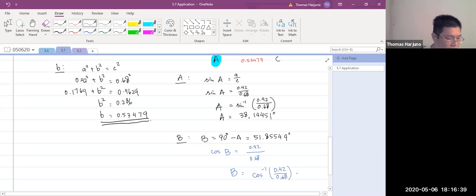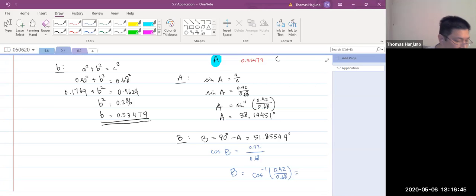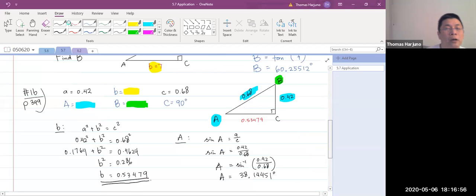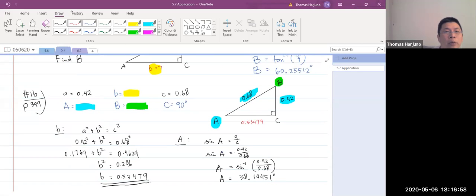You should get the same angle here. The cosine inverse of 0.42 divided by 0.68. Yeah, I get exactly the same thing. Now, by the way, that's something we will see in the next chapter.